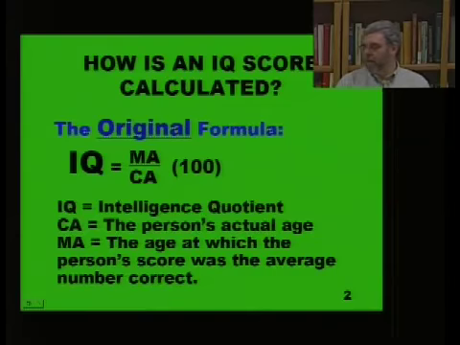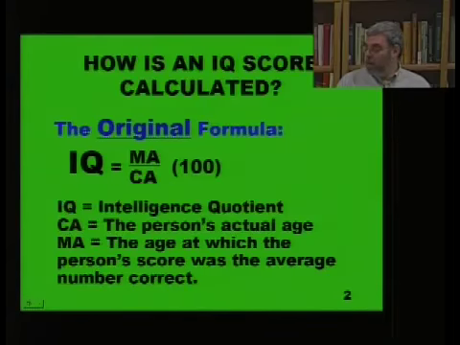Come back to me for a second. When you have an addition problem, 3 and 3 is 6, 6 is the sum. When you have a subtraction, 6 minus 4 is 2, 2 is the remainder. 3 times 3 is 9, 9 is the product.